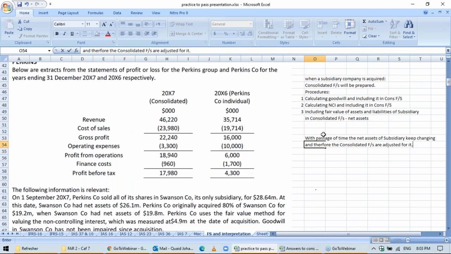Now, what happens when a subsidiary company is sold? Suppose we sell shares in a subsidiary company and we lose control. So we sell all of the shares and we lose control. What will happen?